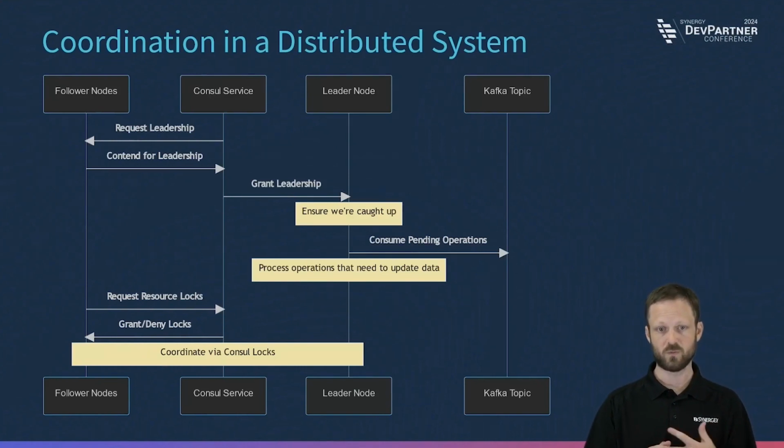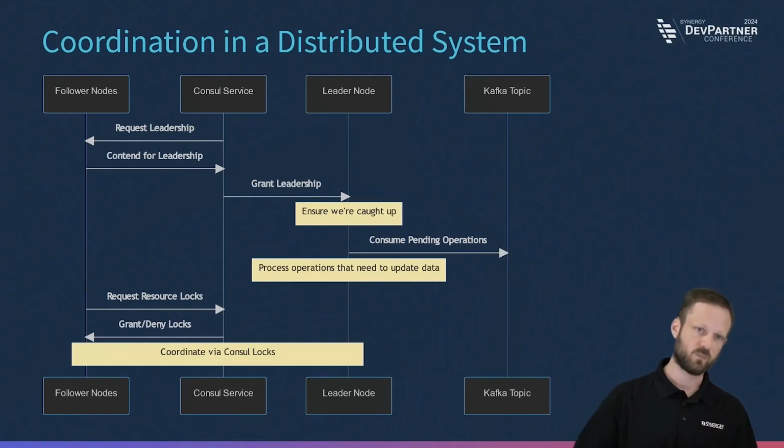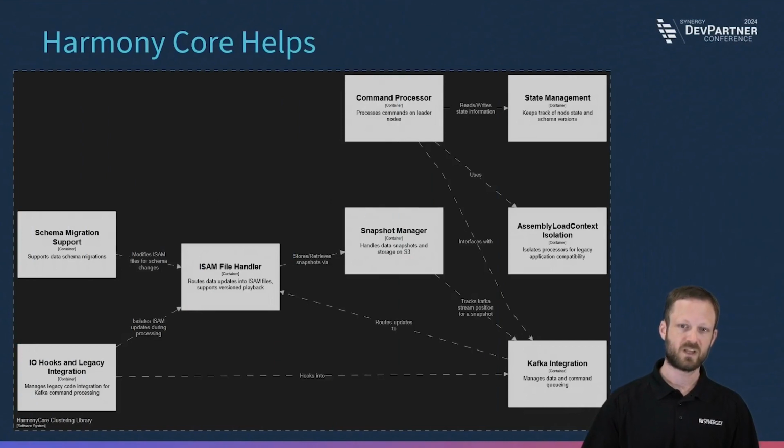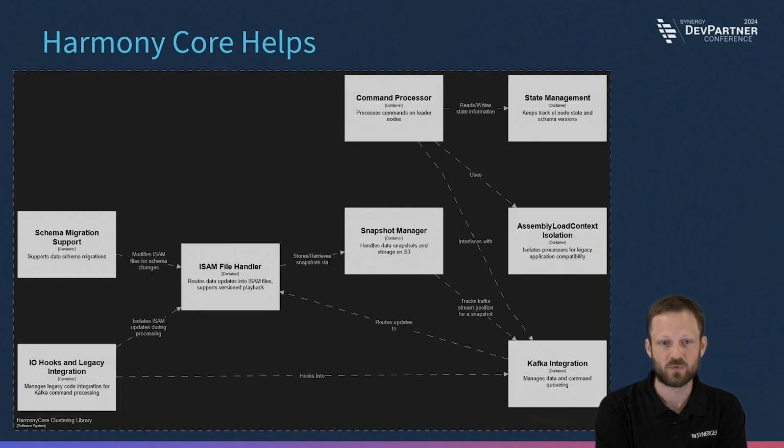So we can consume the pending operations and then send out those replicated updates back to the Kafka topic to make it full circle back to the left-hand side. All of this probably sounds kind of complicated, and Harmony Core helps here a lot. We have a bunch of code to make this set of scenarios a lot easier.